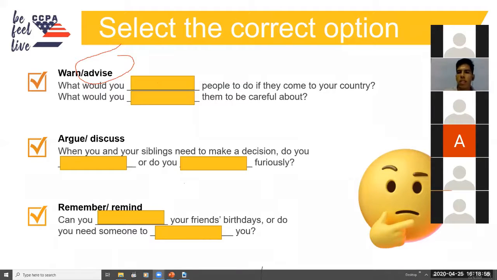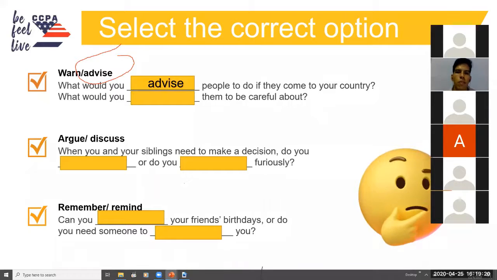Is it warn or is it advise? What would you advise people to do if they come to your country? Excellent. And the other one? What would you warn them to be careful about? Great. So tell me, Pablo, what would you advise people to do if they come to our country?